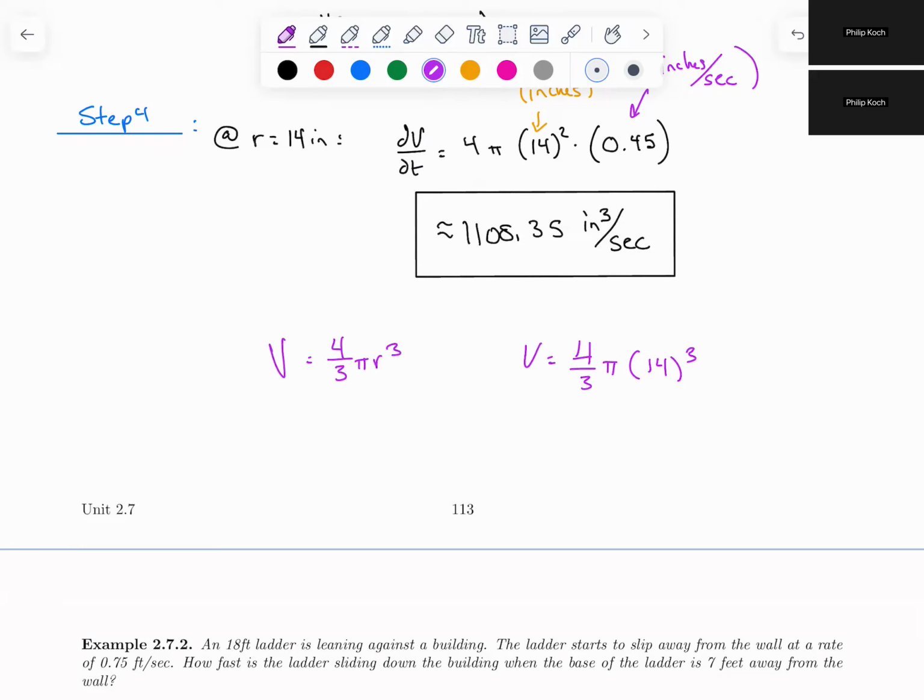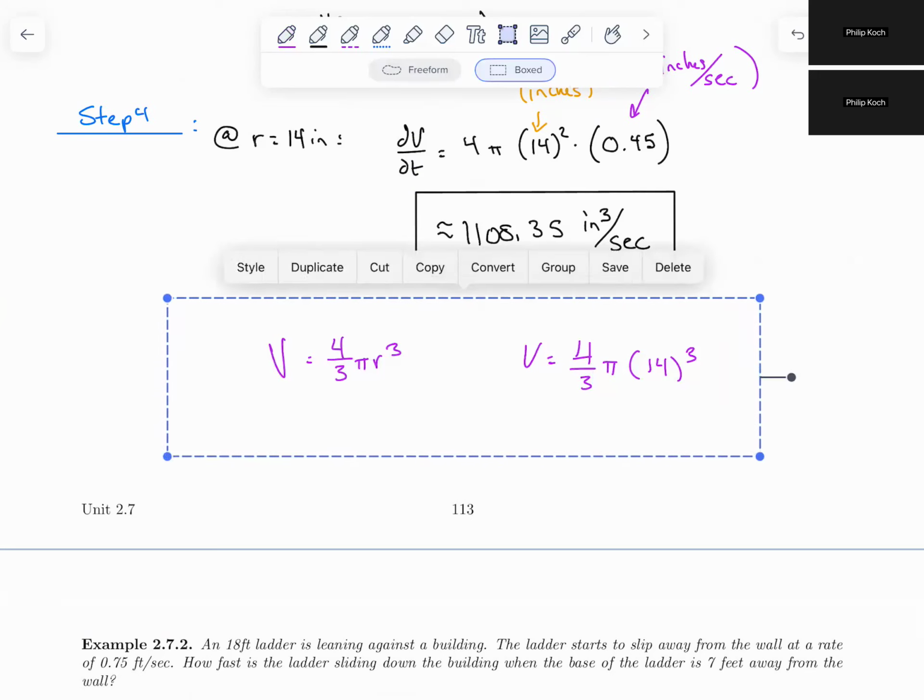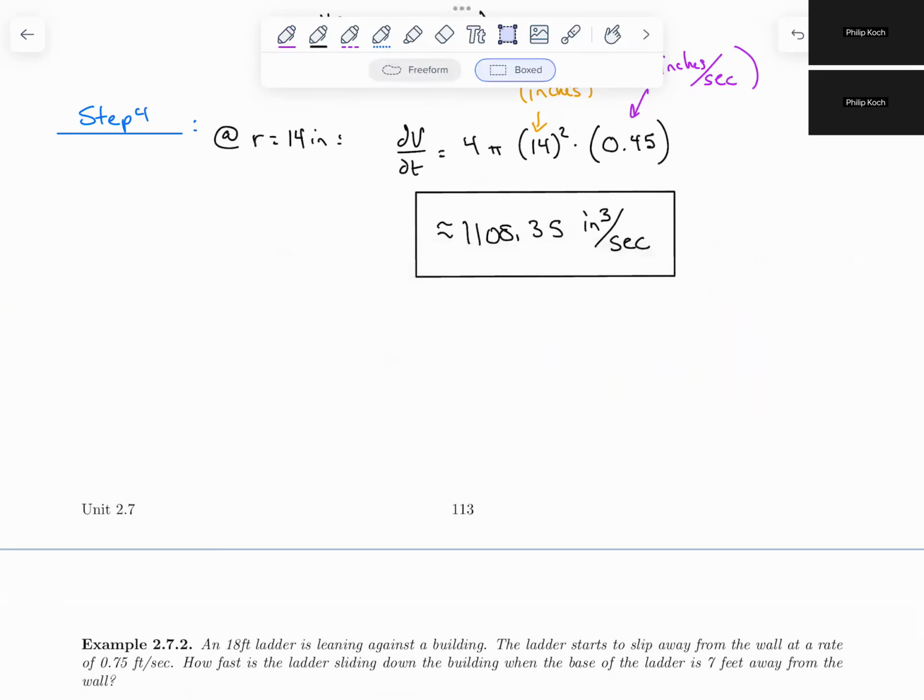By plugging it in early, you're saying that now the radius is fixed instead of being a function of time. So we have to wait until we've differentiated to plug in any values, because otherwise we're calculating it at a fixed time where we can't actually measure it. Does that make sense? That is the key. And like you said, plugging in the 0.45 is kind of assuming that it is fixed.